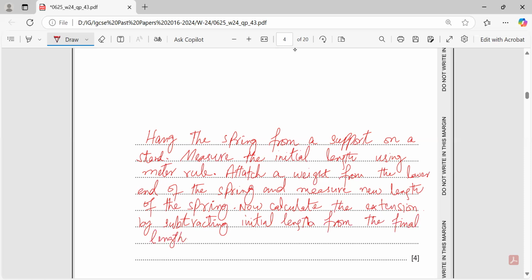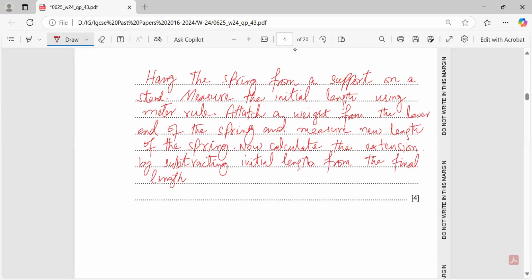In this way, you will calculate the extension, and now K is equal to what? F over X. I think this is more than enough for 4 marks.